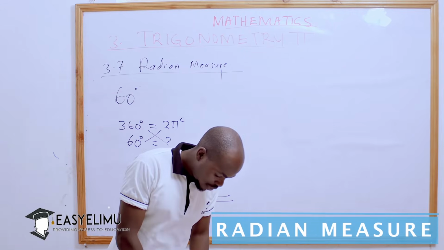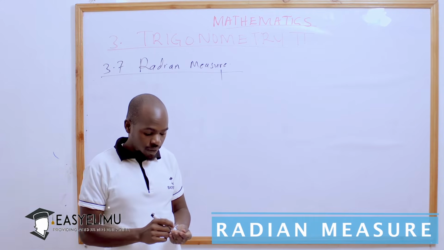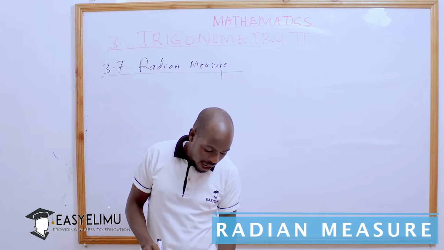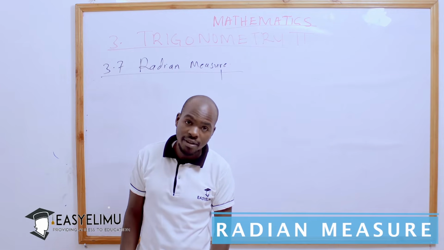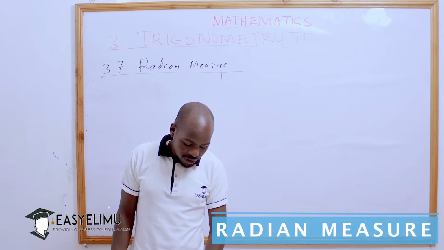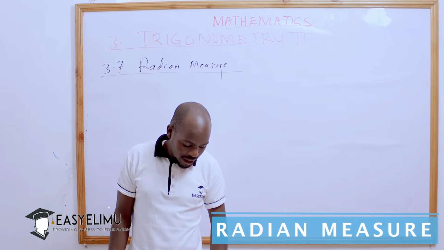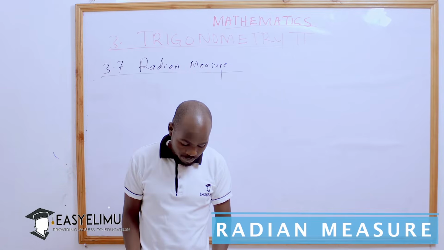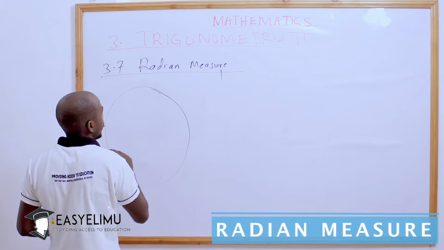Another one you may encounter is a question involving an arc that subtends an angle of 0.9 radians, if the radius of the circle is 13 centimeters. Find the length of the arc. So you have been given a circle.